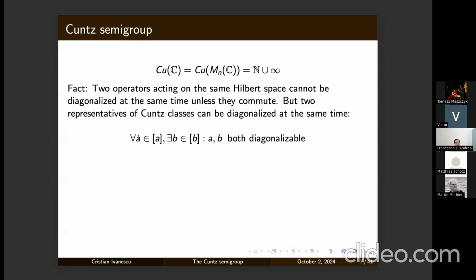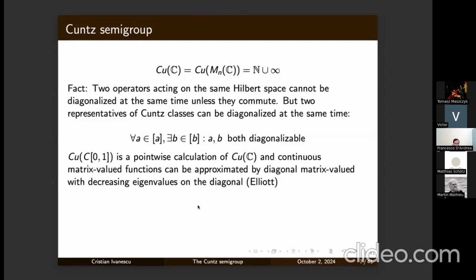So the significance of this is that it allows us to use the rank function to find the isomorphism. So when we look at this calculation, I'm using the rank function. And the detail that one uses is that indeed the Cuntz classes, you can diagonalize at the same time.